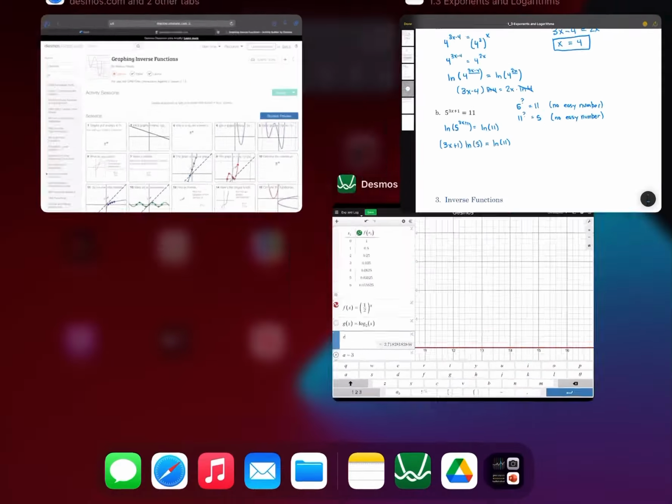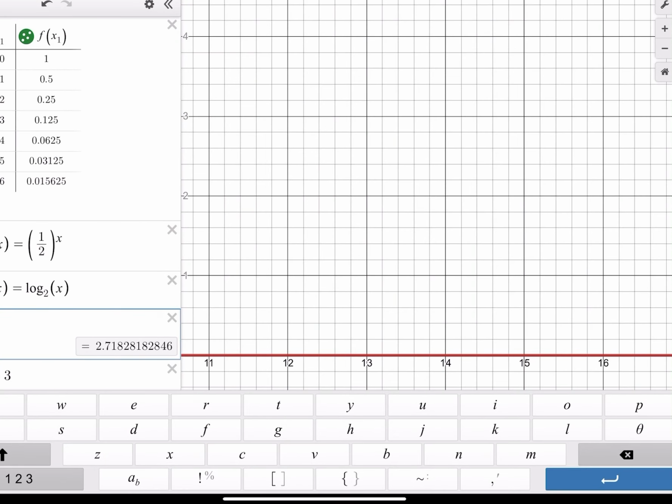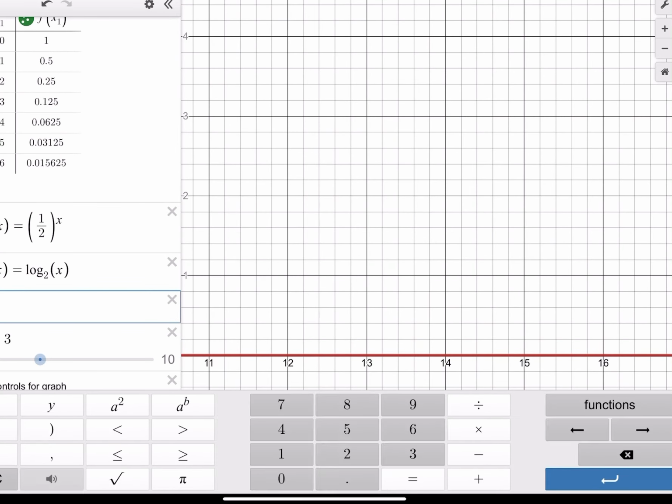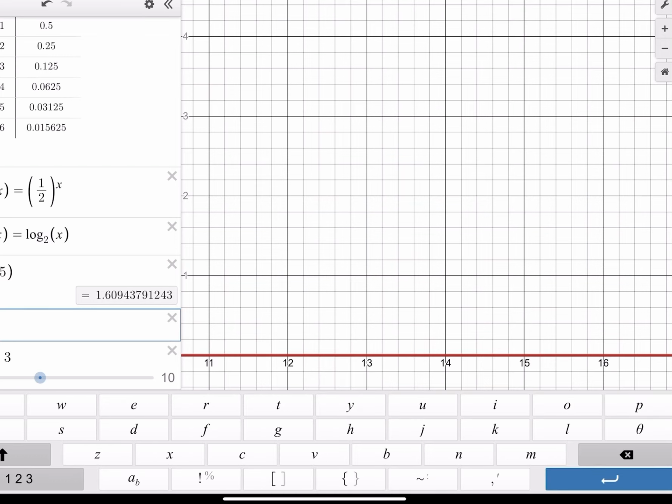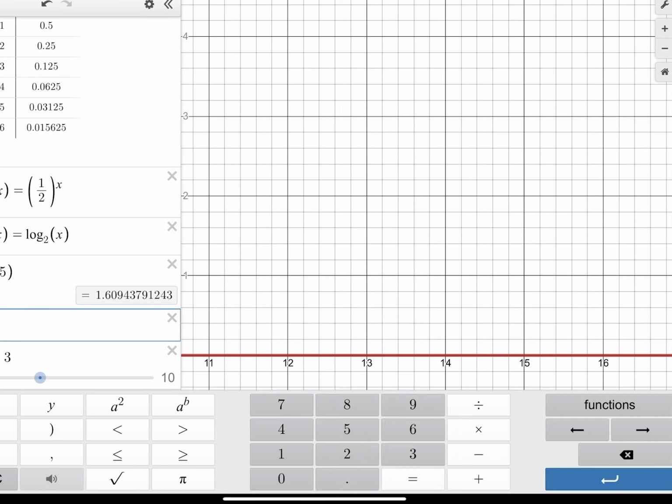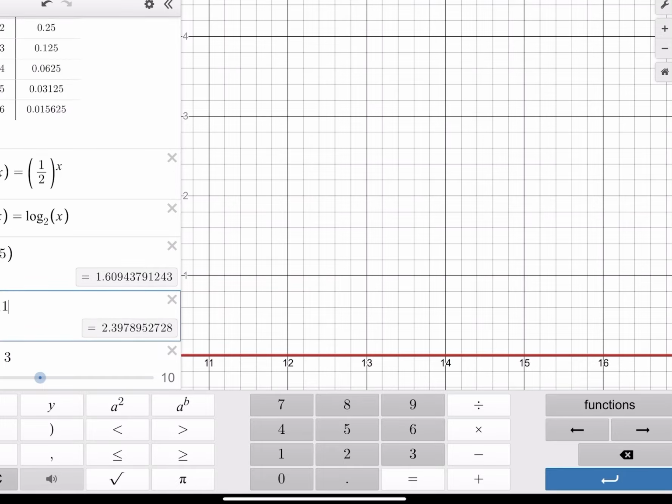So let's get two approximations for the ln of 11 and the ln of 5. So ln 5 is 1.6, we'll say 1.61, and the ln of 11 is 2.4.